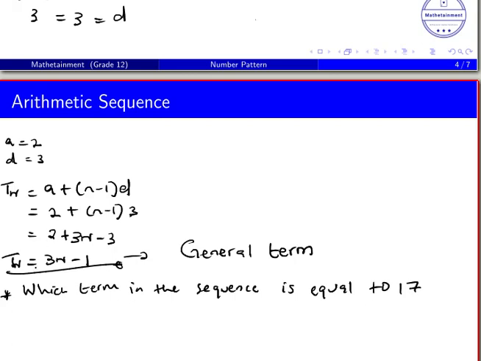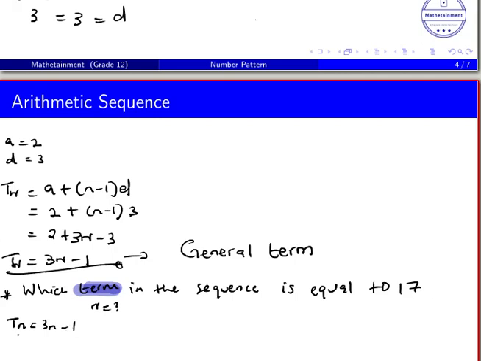Since you now have your general term, the fact that they want which term means you need your n. So you use your general term, Tn equal to 3n minus 1.